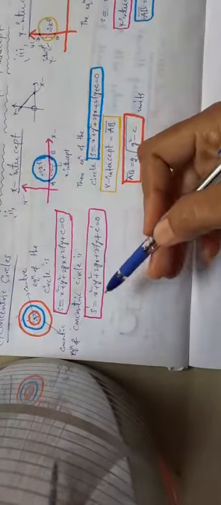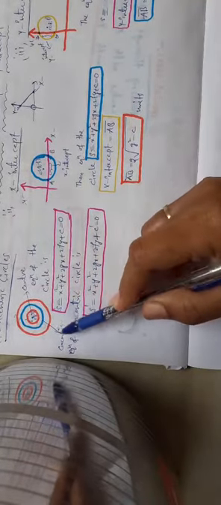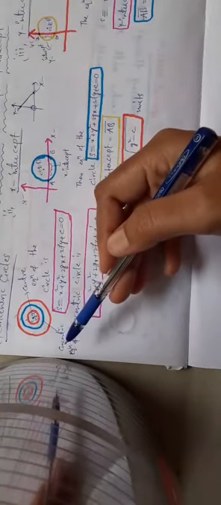Now this is the important point. What is the equation of a concentric circle? This second one is concentric, this third one is also concentric. Concentric means only one center with so many circles.